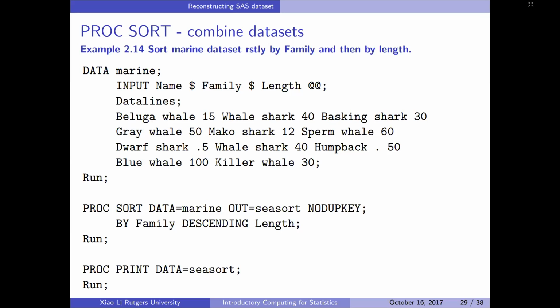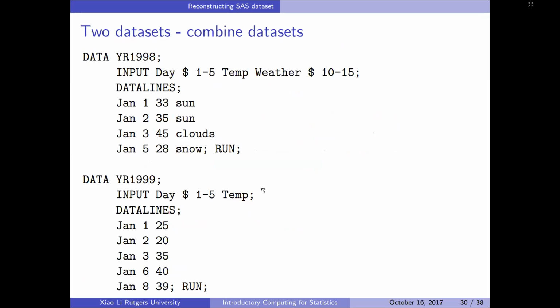Then we will have the sperm whale and the killer whale, and then the next observations will be in the shark family, with the shark species having the longest length coming first, and the shark species with the second longest length coming second in the shark family.